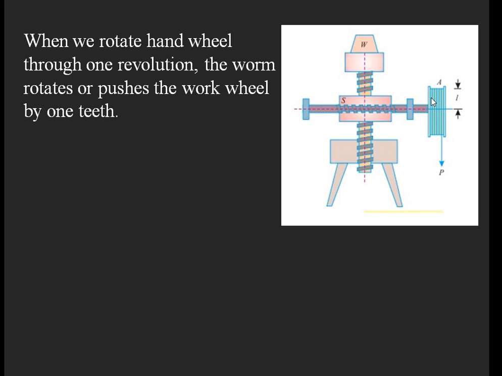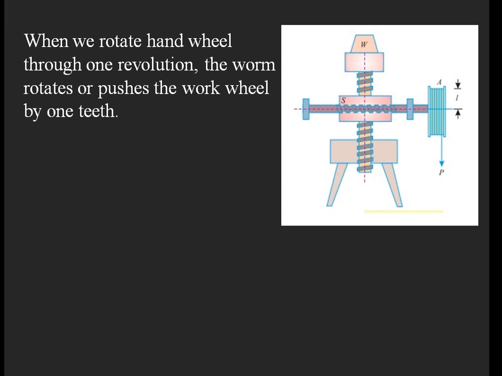So when you complete one rotation by this hand wheel, that means the worm screw also completes one rotation, but the worm wheel rotates through a distance of one tooth. Okay? So it will push equal to one tooth only.